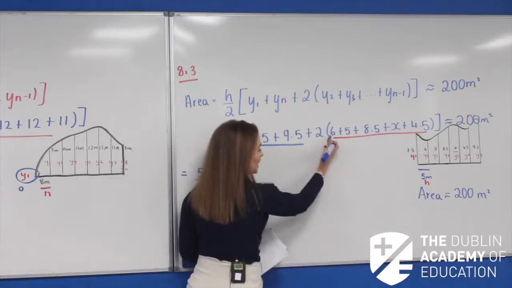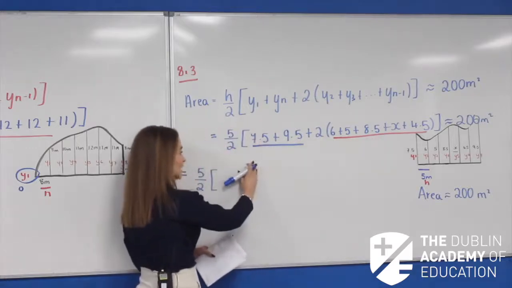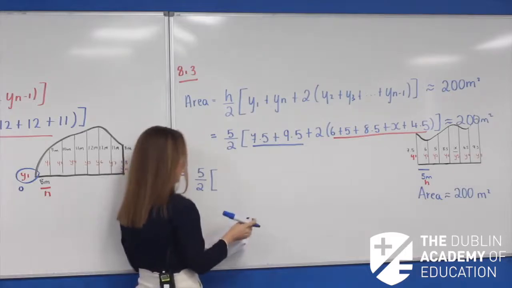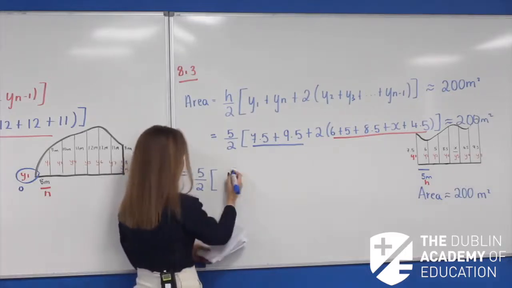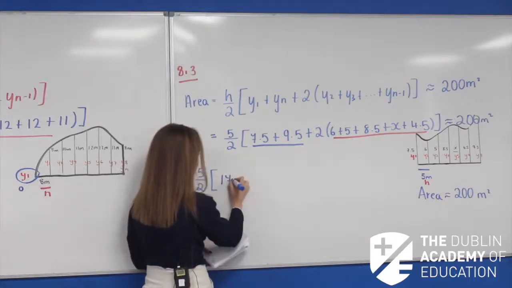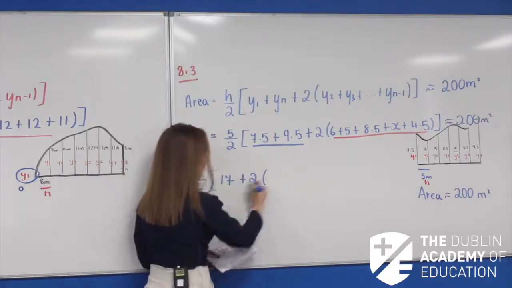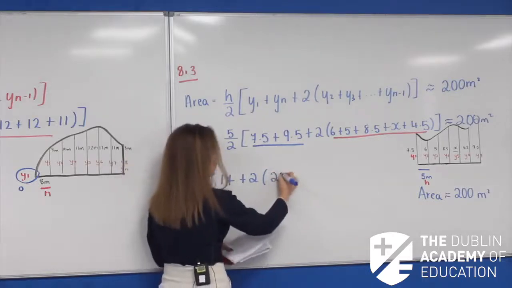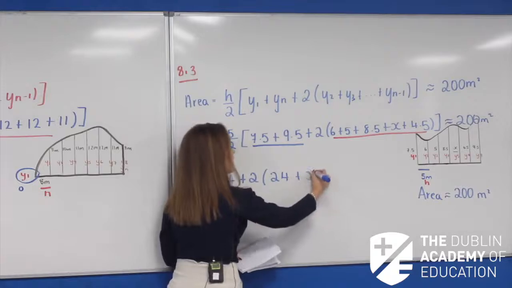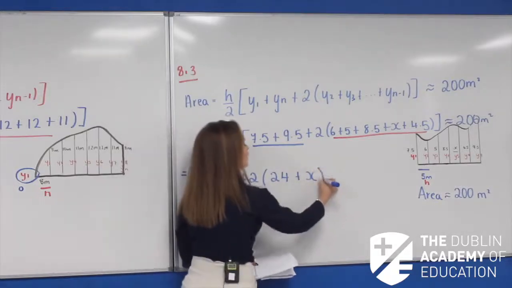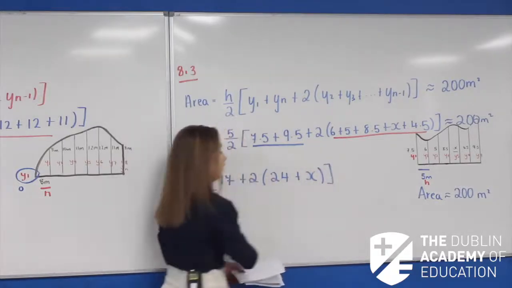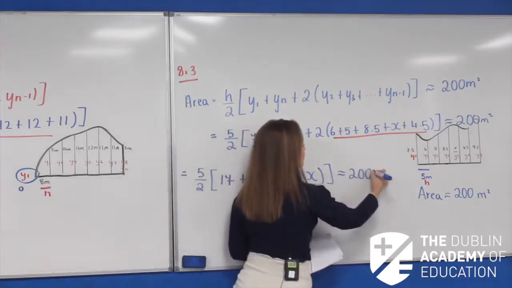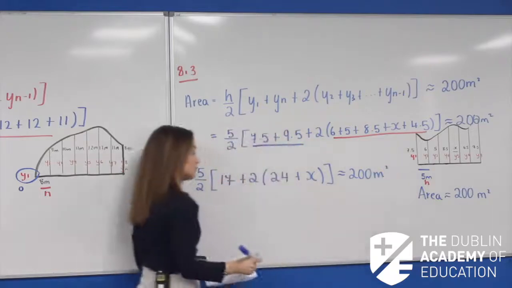I don't add the 2, remember that's connected to the bracket. So 7.5 plus 9.5 gives me 17, plus 2 times. I have this pre-ready, so I've added everything inside the bracket, and I get 24 plus x inside the bracket, close my bracket, close my square bracket, let it equal 200 meters squared.